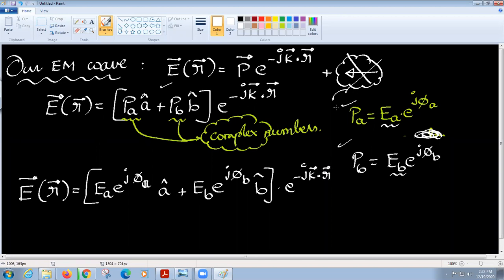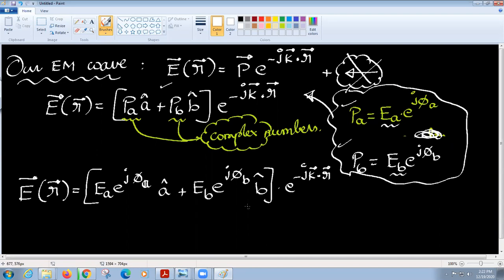All right. So this is a different stuff. So we plugged in this stuff here, and we observed this now. So e power negative jk dot r.